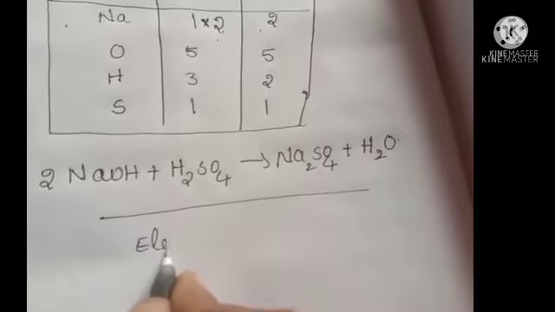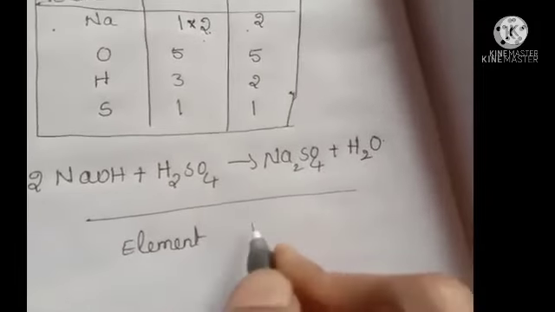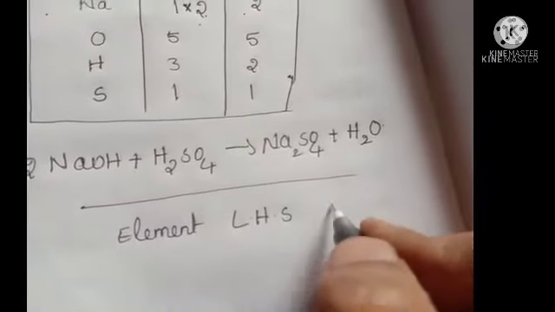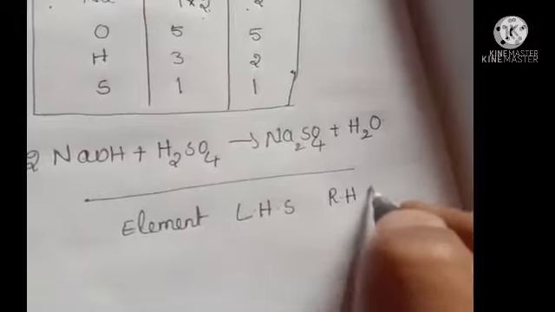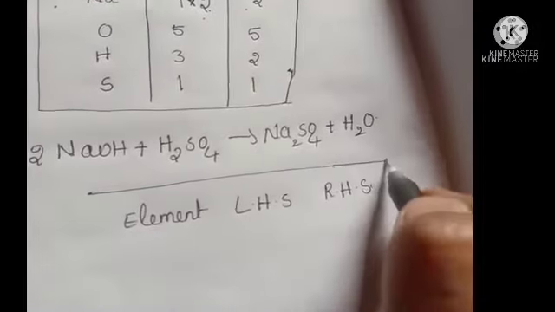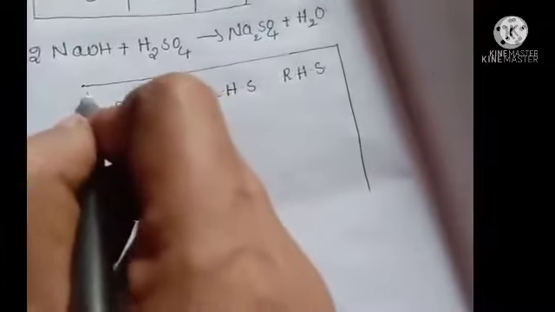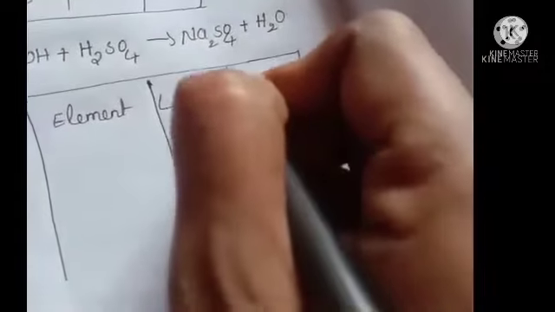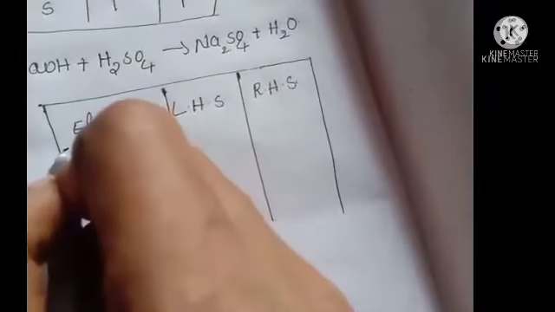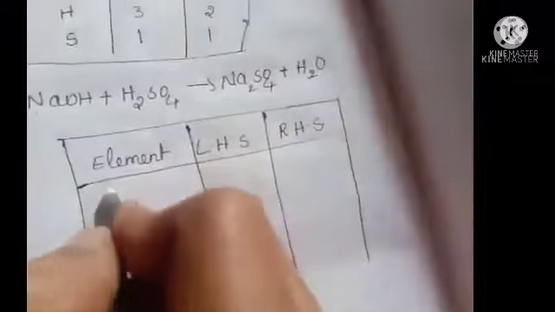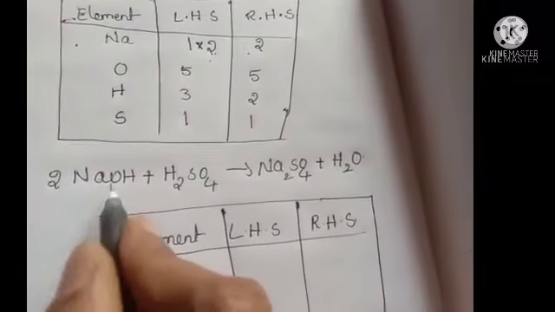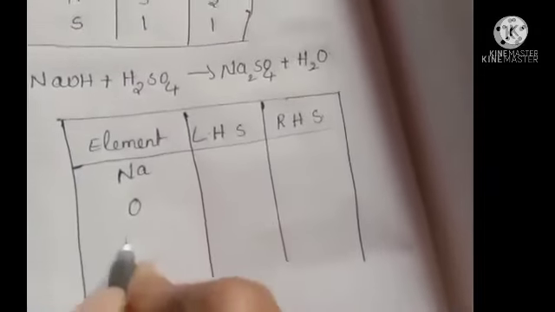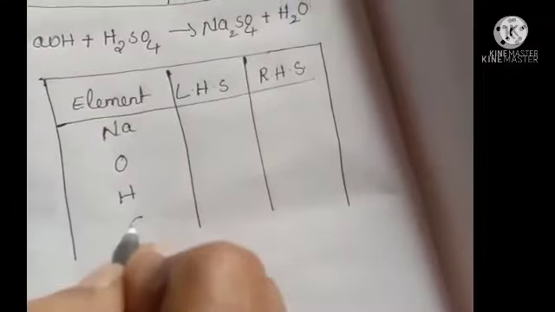Element, LHS side, RHS, left hand side and right hand side. Then how many atoms? Sodium, oxygen, hydrogen, sulfur.